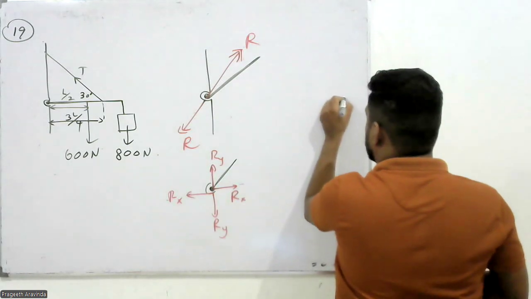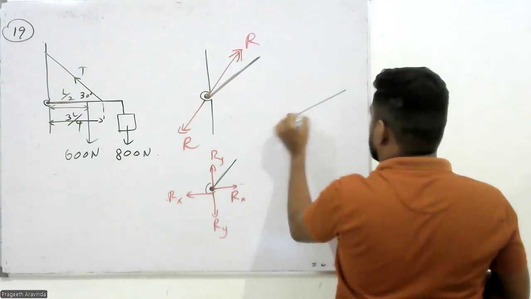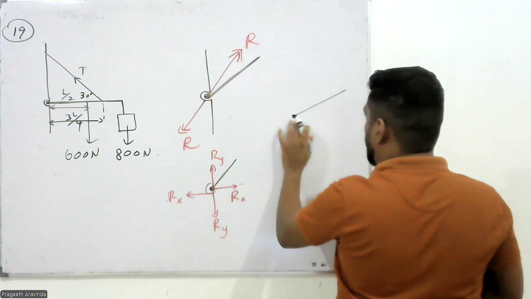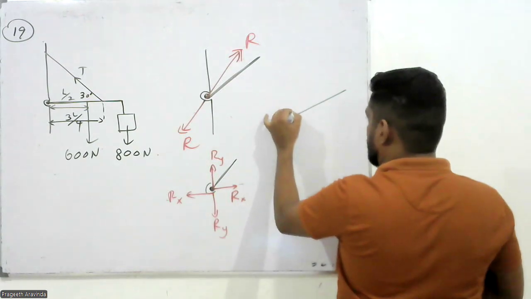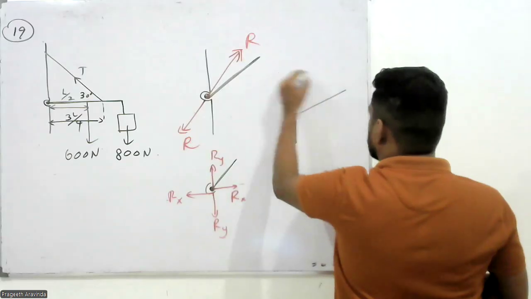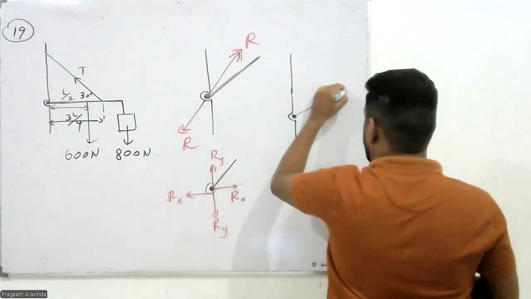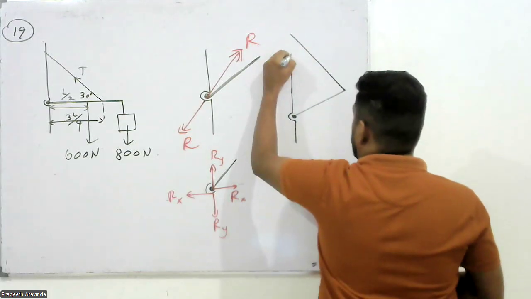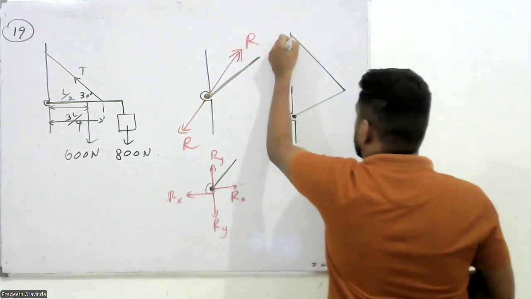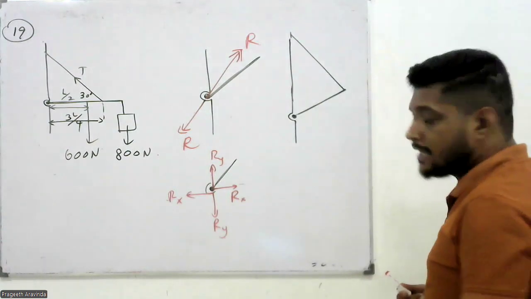There is a rod like this, and it is pivoted to a joint like this, to then freely rotate වෙන්න පුළුවන්. There is a string which supports the rod to keep it in this angle.